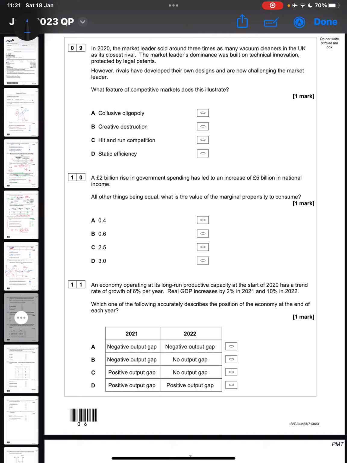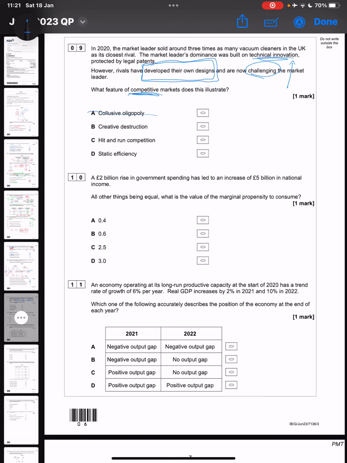Here we have a seller of vacuum cleaners, and it was very innovative. However, rivals are now challenging them and they have developed their own designs. So if they are challenging someone who is really good at innovating, that must be really innovative. And it's also a competitive market.